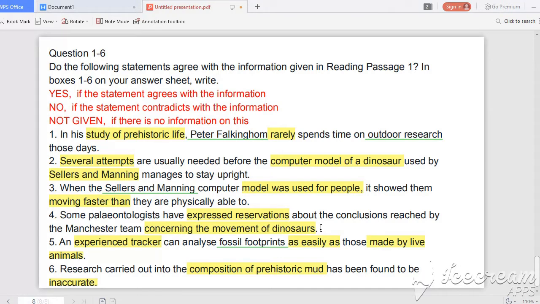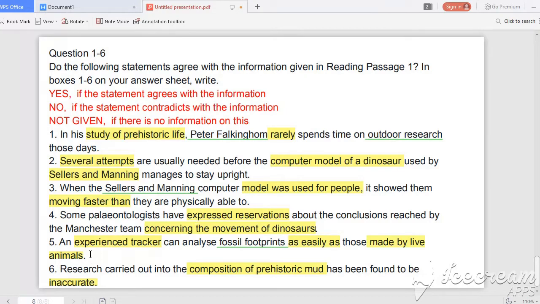All right, it means sometimes scientists have opposite views or disagree about the conclusion given by the Manchester team about the movement of dinosaurs. Express reservation means giving the opposite view, or if you do not agree with someone else's view. So these are the two keywords in this question.